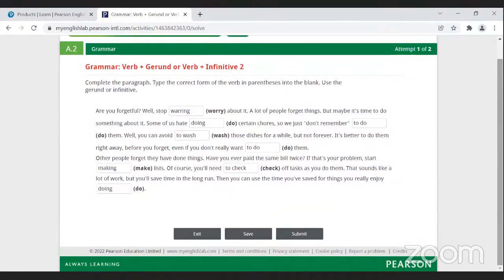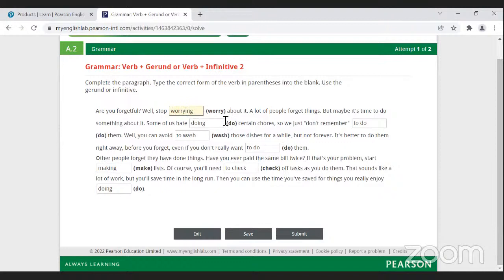En el primero dice worrying. Es con la O. Yes, okay, teacher. Worrying. And don't forget to put Y, because if it ends in Y, we only put ing. So worry, the same as the verb and the ing form.